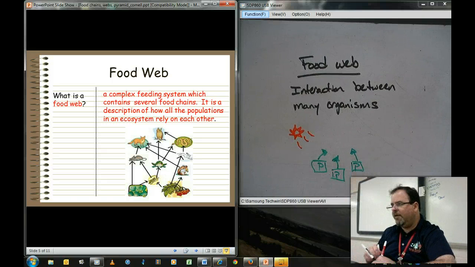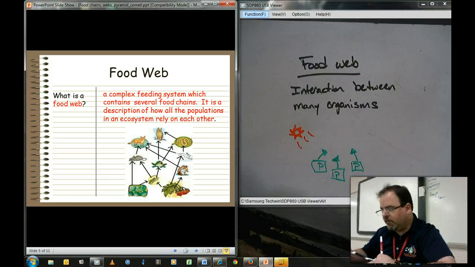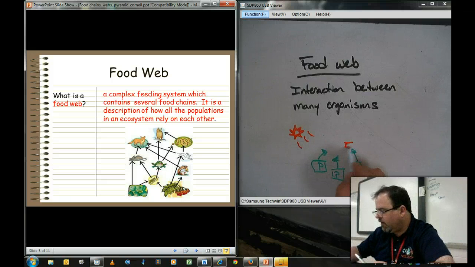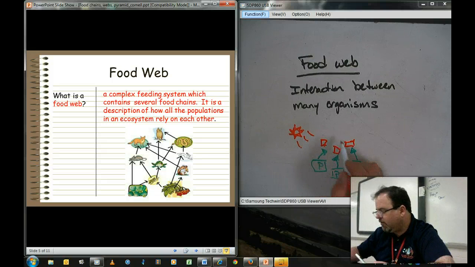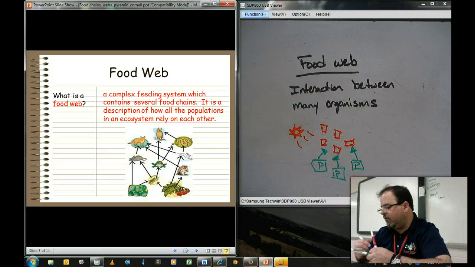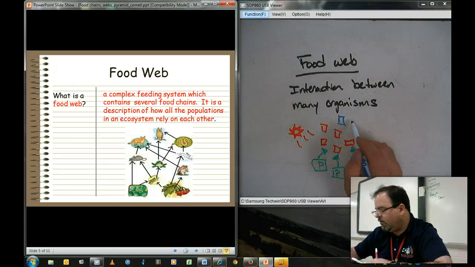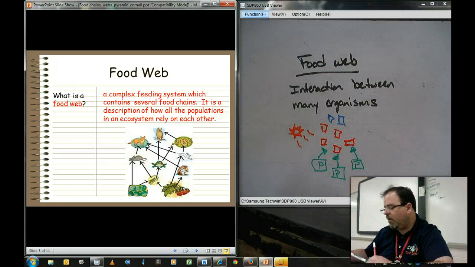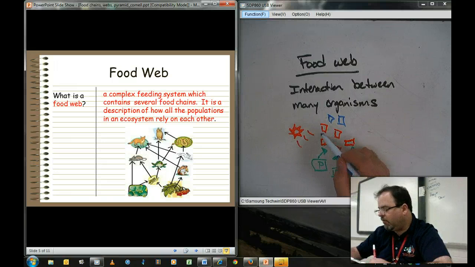So it might be a squirrel eating an acorn, or an insect like a caterpillar eating a leaf, and so it's showing how different consumers interact with different producers within a particular ecosystem, until finally you get to the top consumer in that ecosystem, who kind of dominates the whole system.